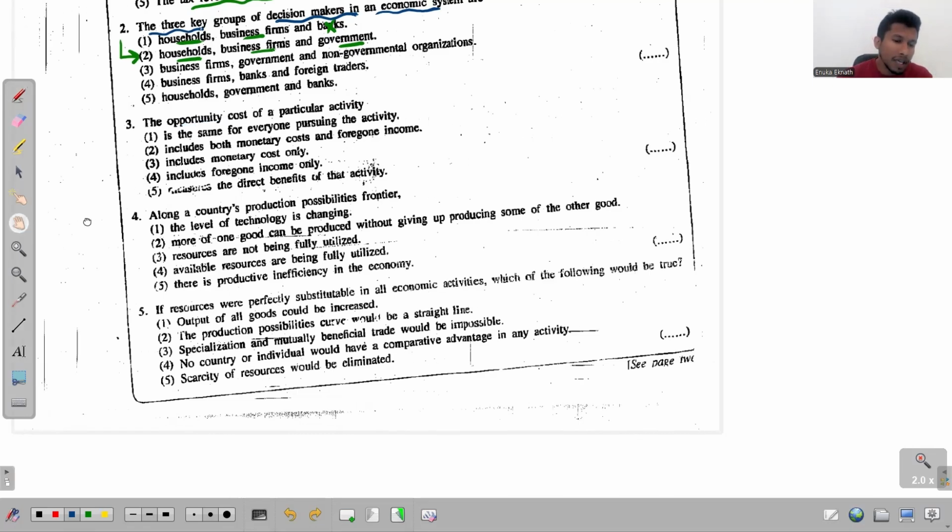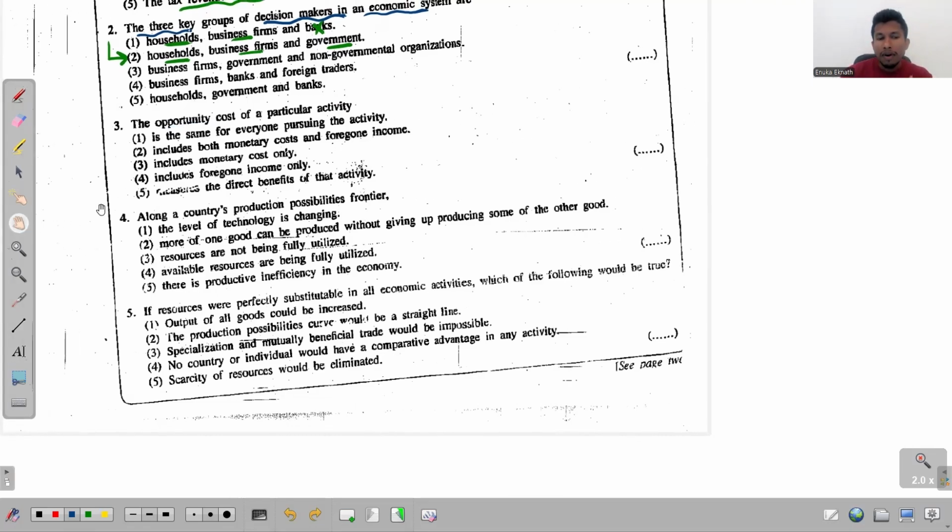I explained the definition: it's always the value of the second best alternative that you sacrifice. But if you just take that same approach to find the answer for this question, you will not be able to find it. The reason is that this question is somewhat related to unit 4.